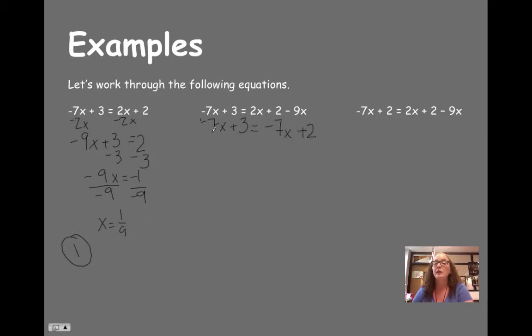I want to go ahead and move my x's over here, so I'm going to add 7x here and add 7x here, which gives me 0. So I have 3 and a 0 over here, 2. 3 equals 2. Again, no matter how gifted the mathematician, no mathematician is going to make 3 equal to 2. So this equation has no solution.